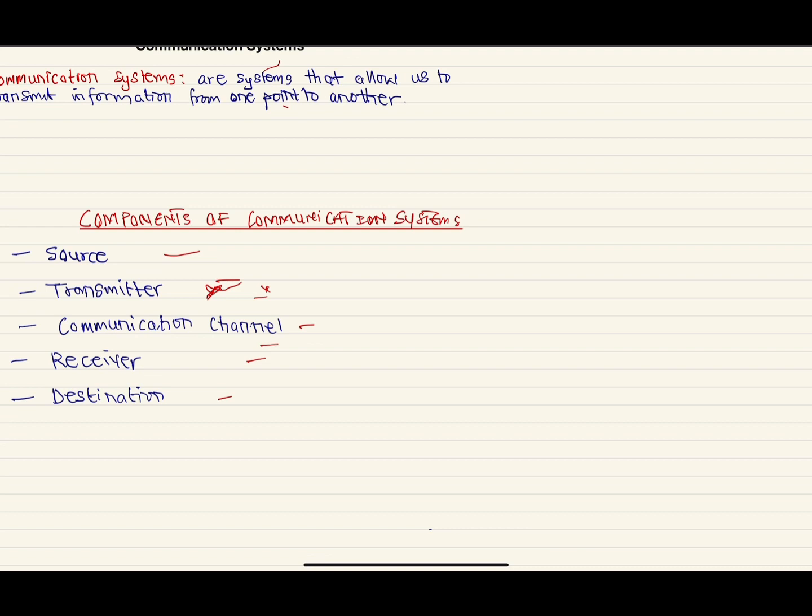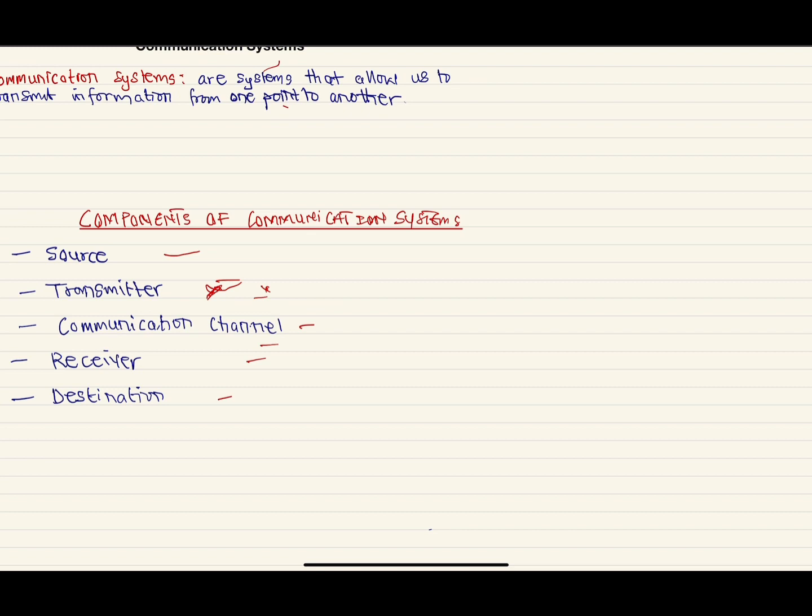The next one I want to talk about is the communication channel. After getting a source and a transmitter, you need a communication channel. That is the medium of your transmission. Let's assume you want to send information from here to someone in Australia. After getting your source, which is what is generating the signal, and your transmitter, you need to be aware of the medium that you want to transmit the information through.